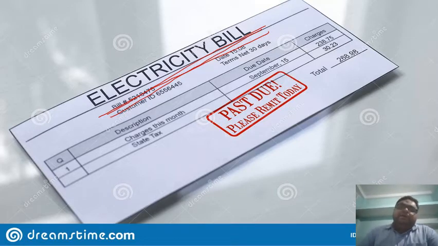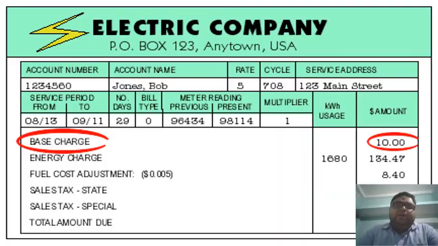Now we will be studying the commercial unit of power. Students, let's take a look at the electricity bill. You can see that there are some base charges also. This is the meter reading.